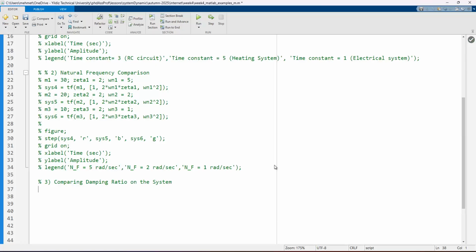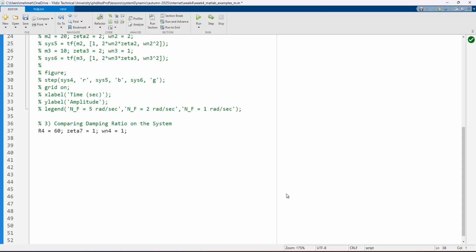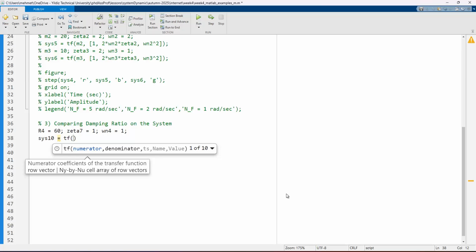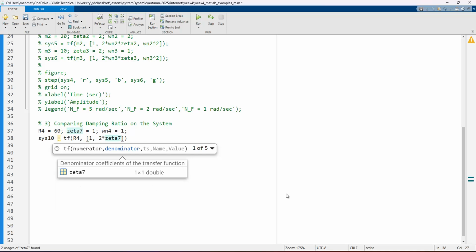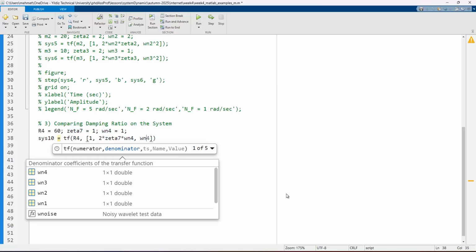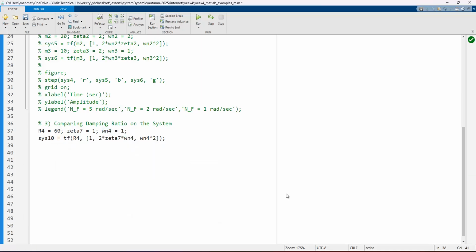For example, r4 is equal to 60, and zeta 7 is assigned to 1, and wn4 is equal to 1. Then sys10 can be assigned with the transfer function of r4 over s square plus 2 times zeta 7 times wn4 s plus wn4 square.